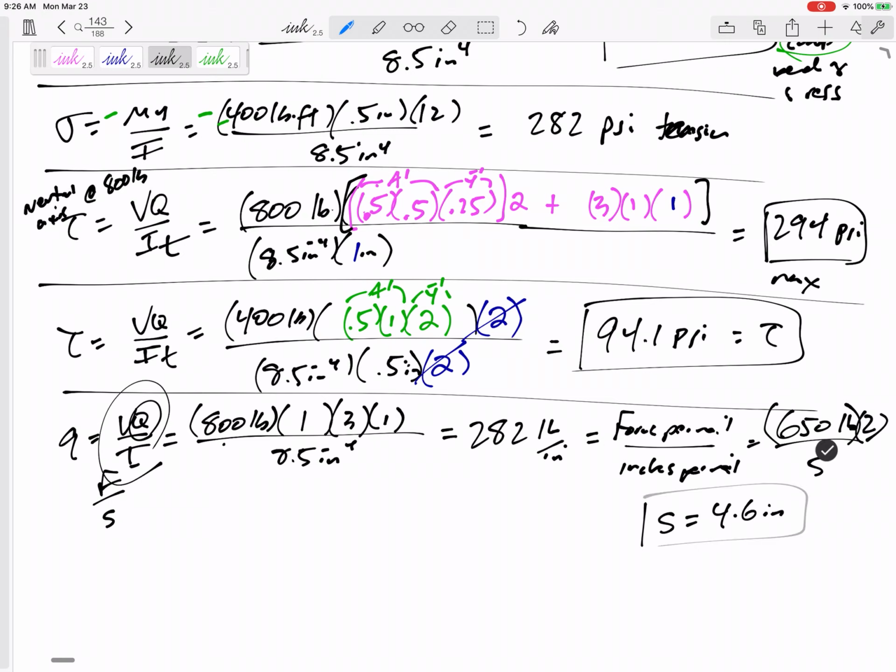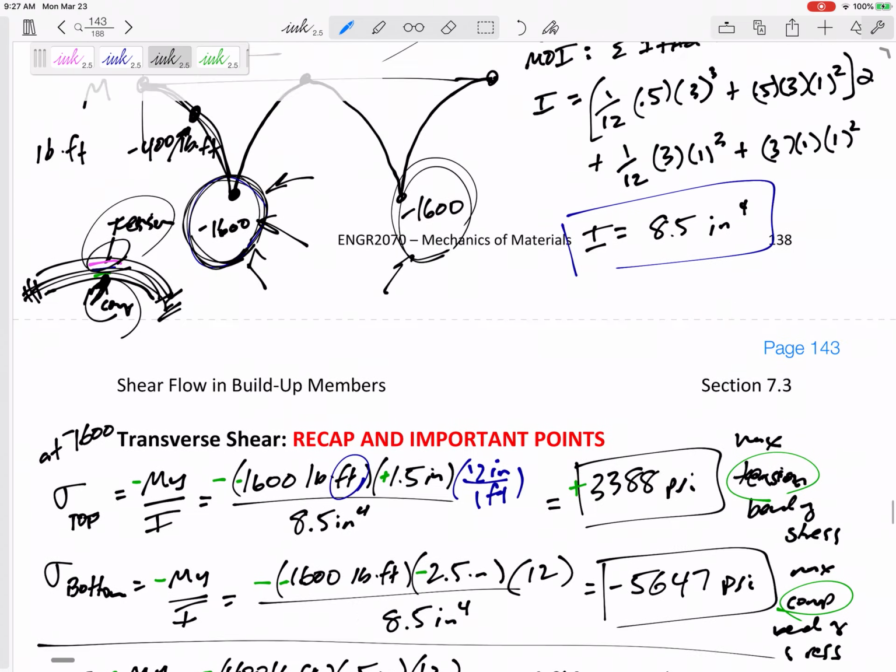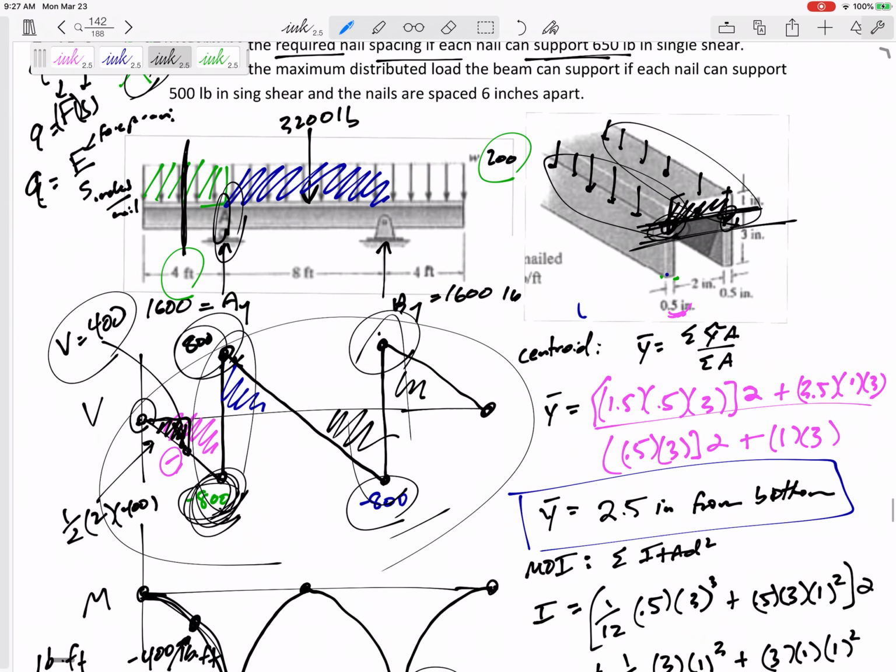So that's kind of the minimum of 4.6 inches in between each nail so that it can withstand the largest V at the place it needs to hold them together at the interface between the 2 boards.